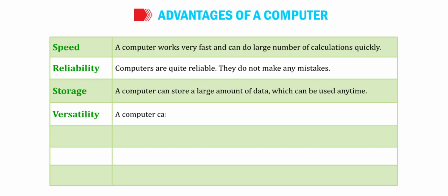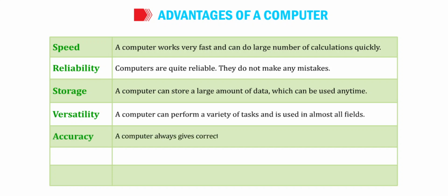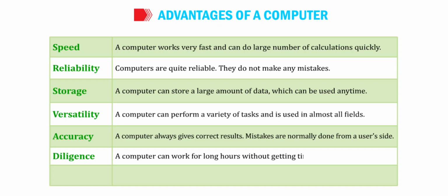A computer can perform a variety of tasks and is used in almost all fields. Accuracy. A computer always gives correct results. Mistakes are normally done from a user's side. Diligence. A computer can work for long hours without getting tired. Multitasking. A computer can do many tasks at the same time.